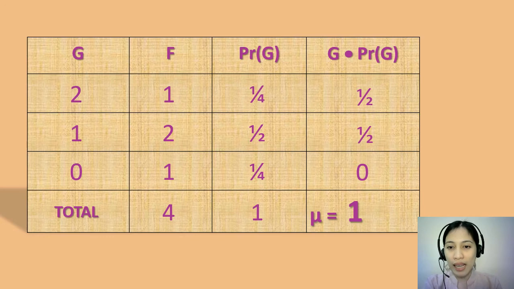So the total will be 1, since 1/2 plus 1/2 plus 0 is equal to 1. This implies that if we are going to draw 2 balls from a jar, we are going to get an average of 1 green ball.